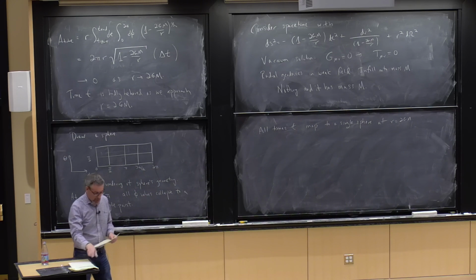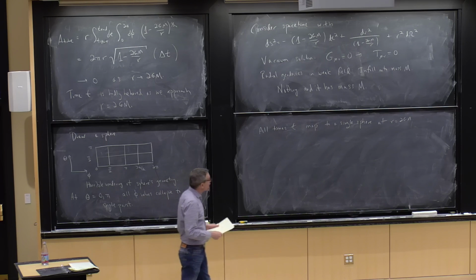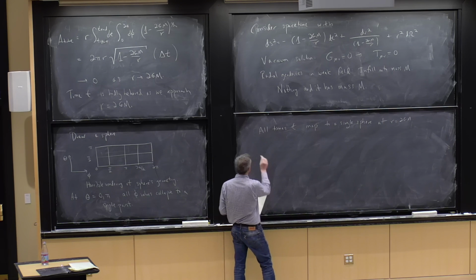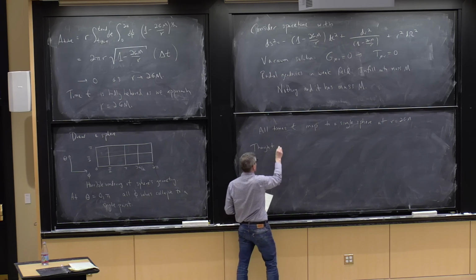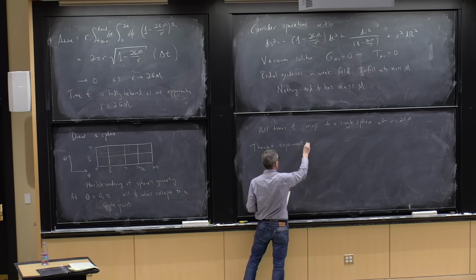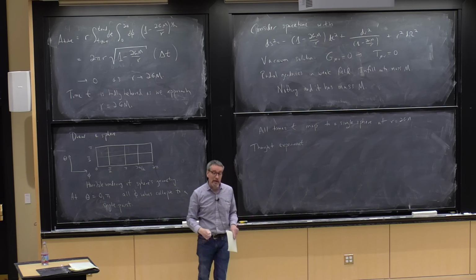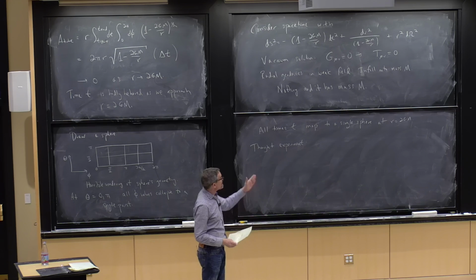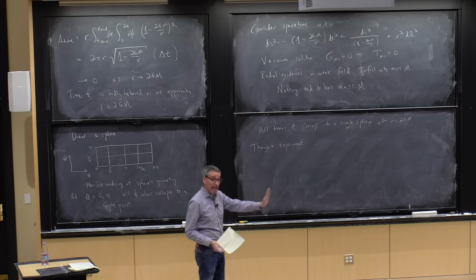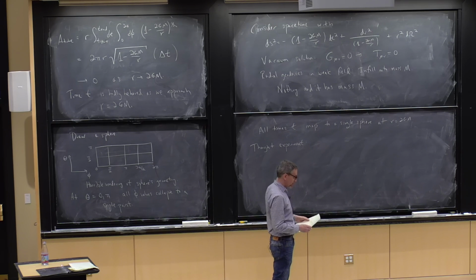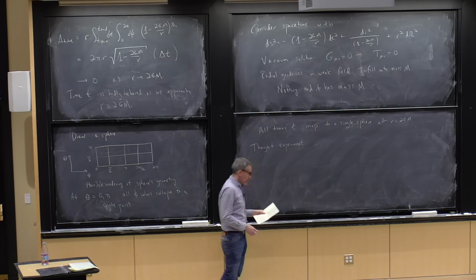To get some insight into what's going on here, let's do a little thought experiment. What I'm going to do is imagine I'm at rest in the Schwarzschild spacetime. Okay, so let's say that I'm at some finite radius r. I am not in the weak field. Maybe I am at something like r equals 4GM or something like that.